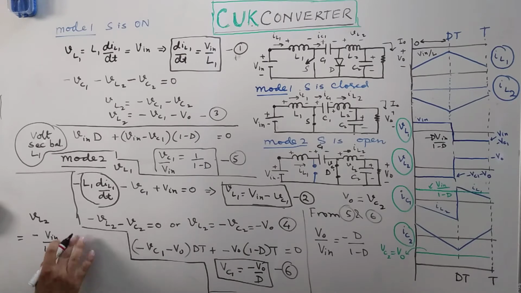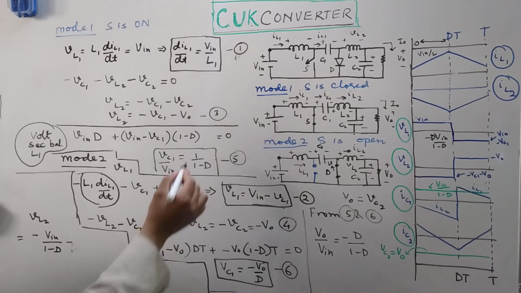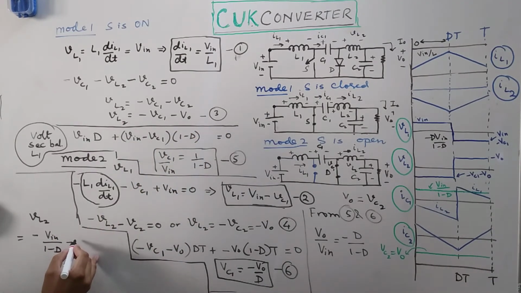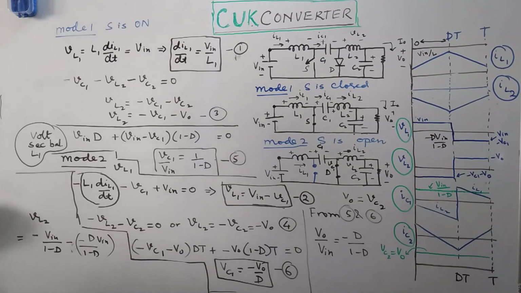Then minus of V0, and V0 is minus of D by 1 minus D times Vin, isn't it?